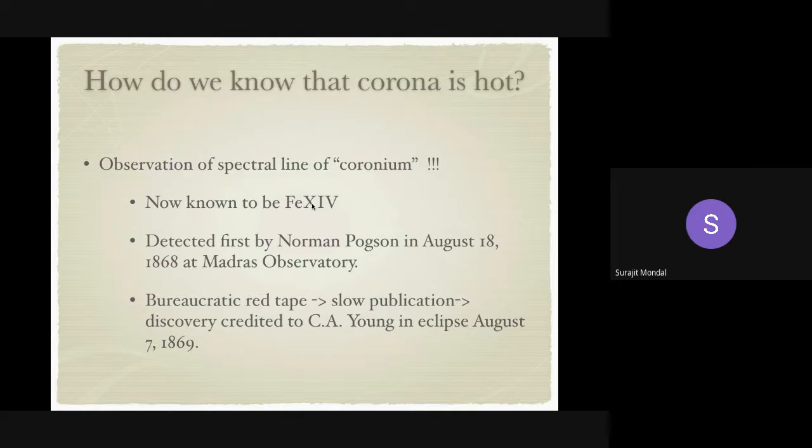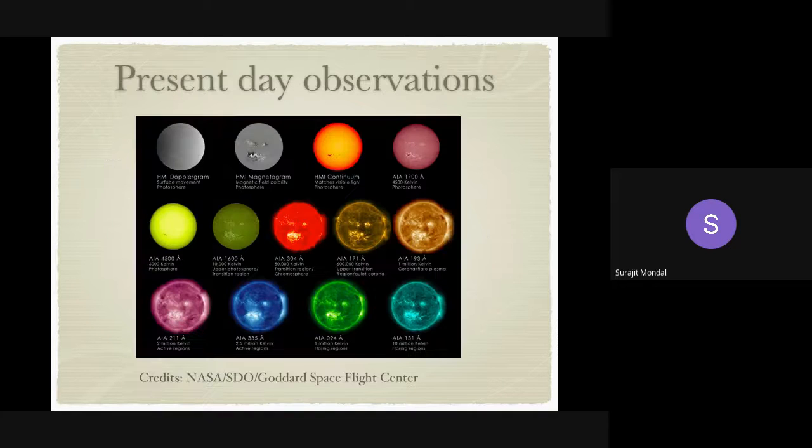When it is so hot, you can observe the corona in extreme ultraviolet bands. In fact, now we routinely observe the solar corona using optical and UV bands. We also use other wavelengths, but here I am only showing the optical and UV bands. The UV is the extreme ultraviolet, and we need satellites to observe the corona in those wavelengths.